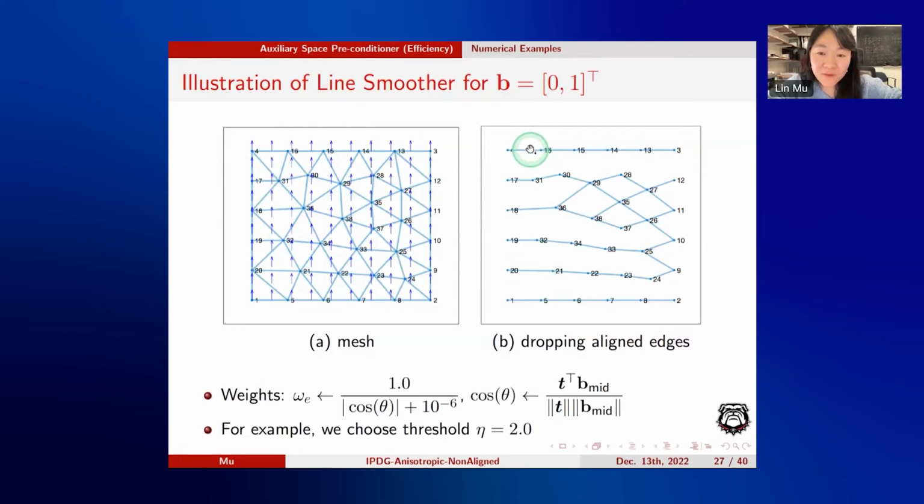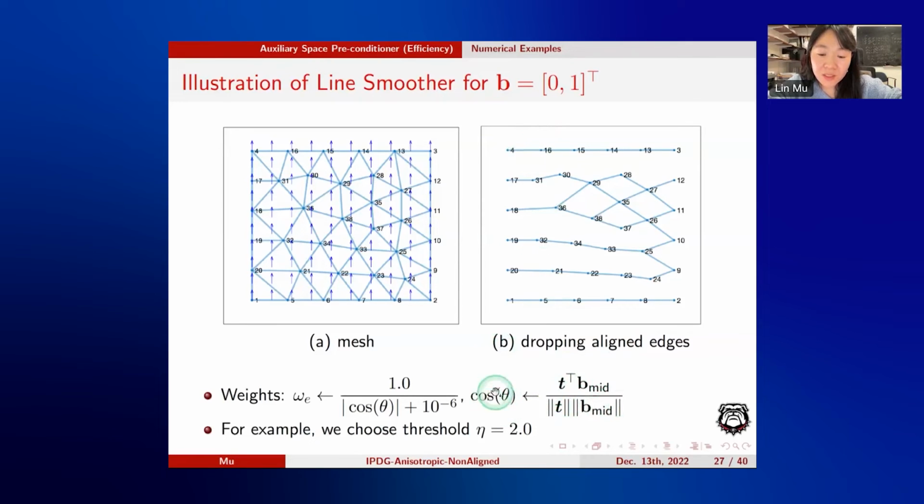We first compute each edge's middle point. Then we evaluate B at this middle point. Then we take the tangential direction's inner product with this B, and do some scaling, to compute the cosine of theta. Theta is the angle between the perpendicular direction and our edge.